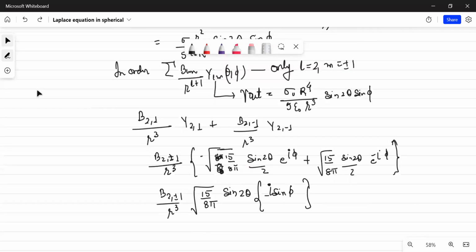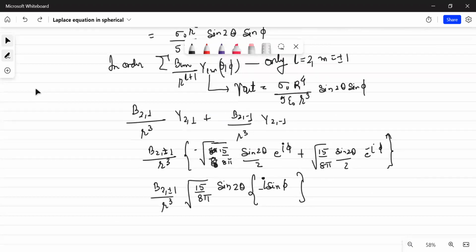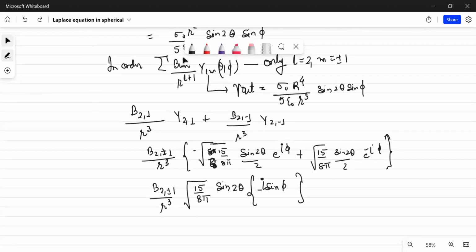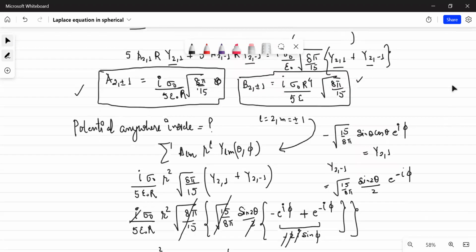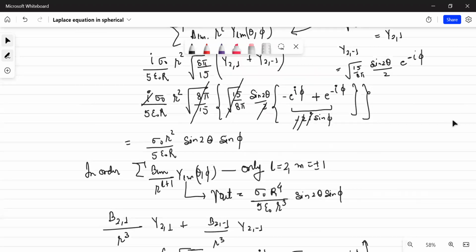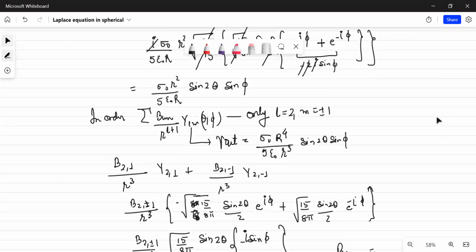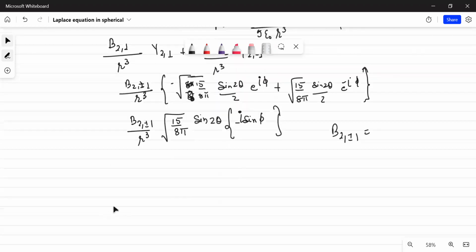Okay, so let me do it. What is B_2,±1? B_2,±1 was equal to, okay, there is some problem.